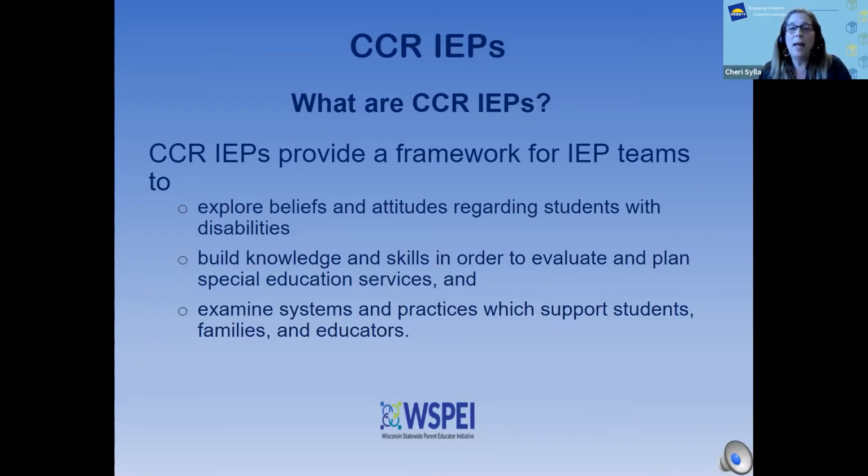So really looking at how we provide services to students in our schools. Do we keep them in a separate classroom, or do we include students in general ed classes, and do they have access to the general ed curriculum? So all those things were built around this new framework.